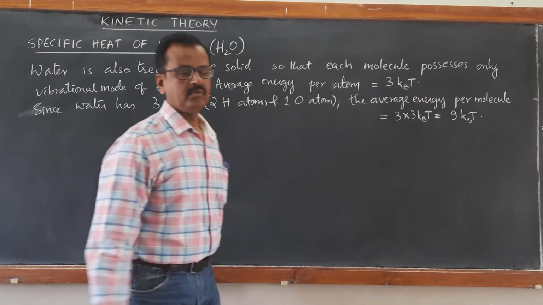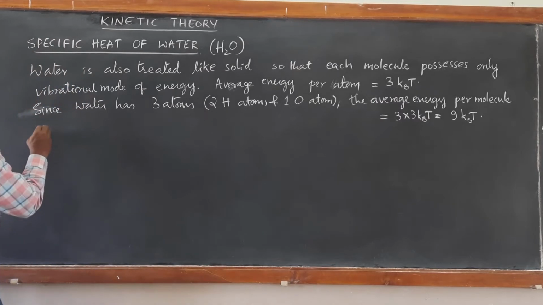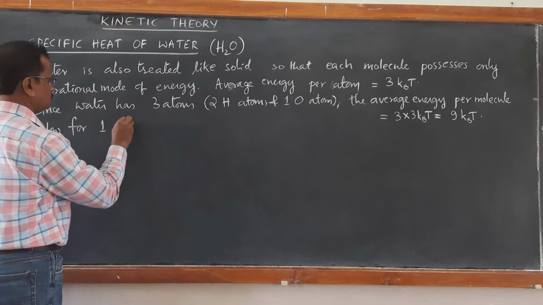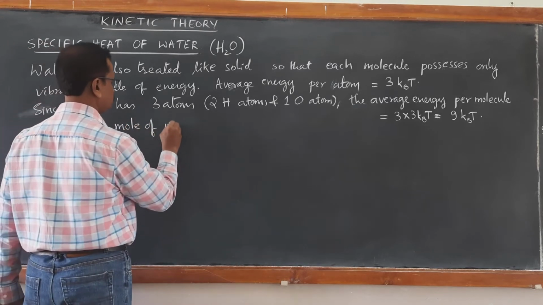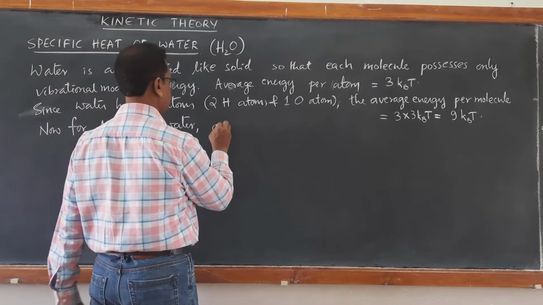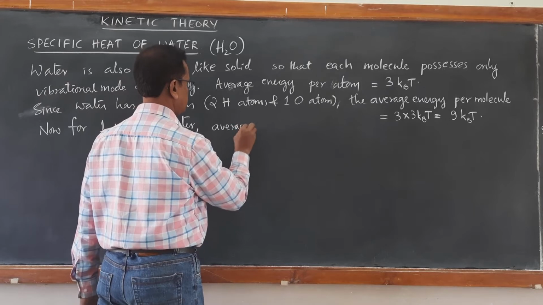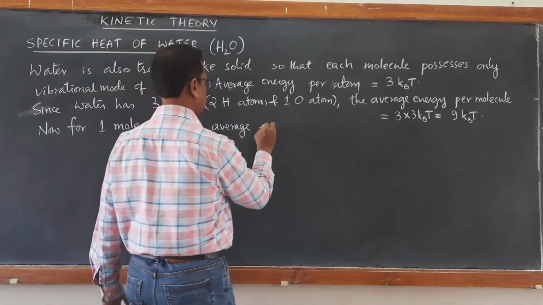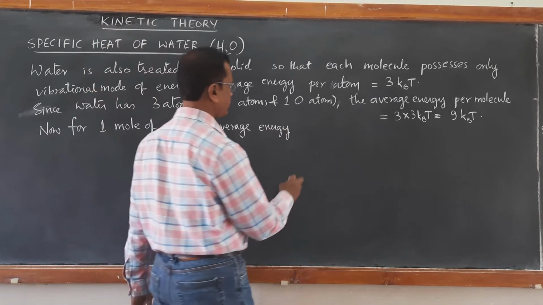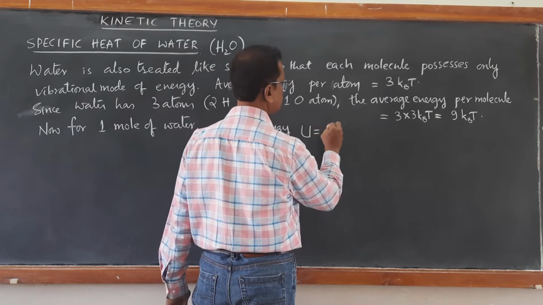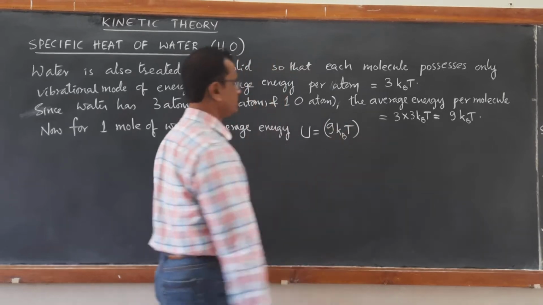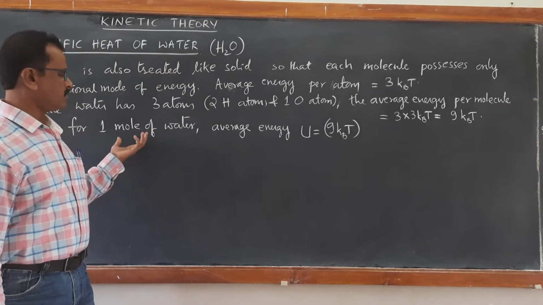Now let us consider 1 mole of water. For 1 mole of water, the average kinetic energy, which is nothing but the internal energy, becomes 9 kBT into the number of molecules in 1 mole.